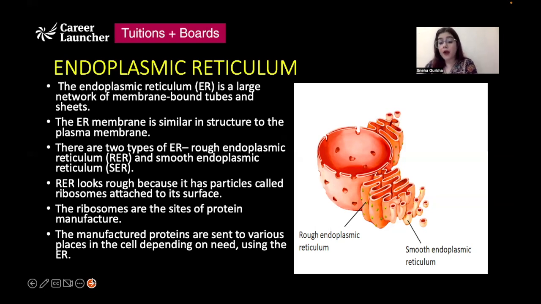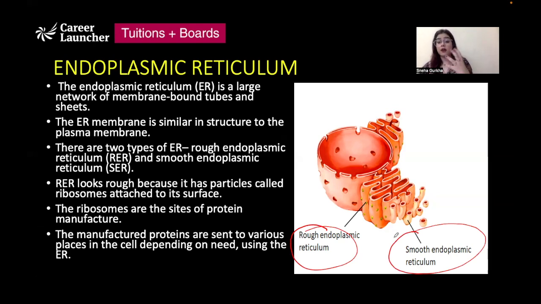Now, if we talk about the types of endoplasmic reticulum, there are two types: rough endoplasmic reticulum and smooth endoplasmic reticulum. Their names are based on the fact that rough endoplasmic reticulum appears rough because it has ribosomes studded on its surface, because of which it appears rough when we observe it under a microscope.